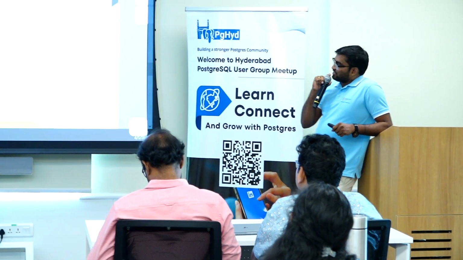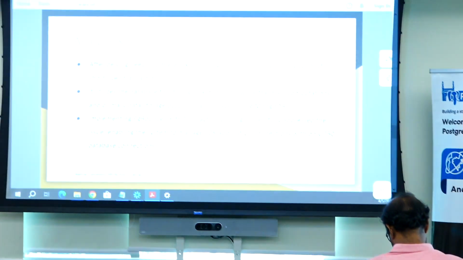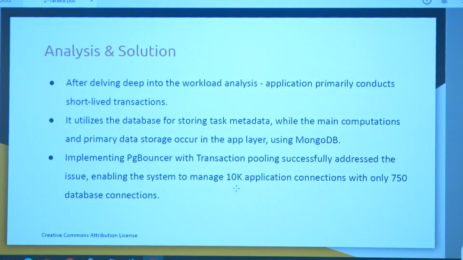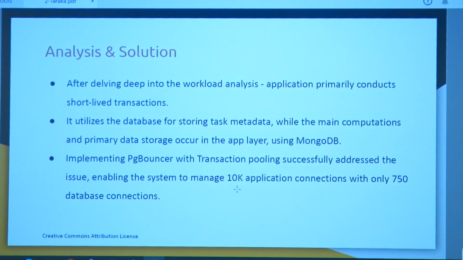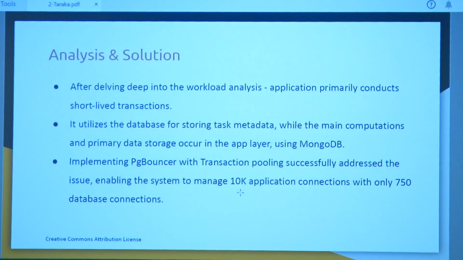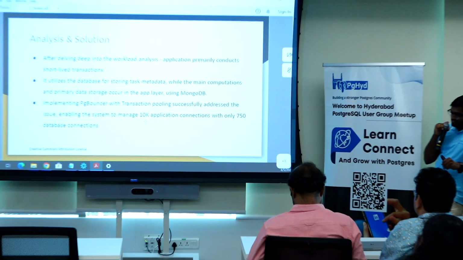So as I said, we understood that transactions are short-lived, and we implemented PgBouncer with transaction pooling. That's where we addressed the issue.